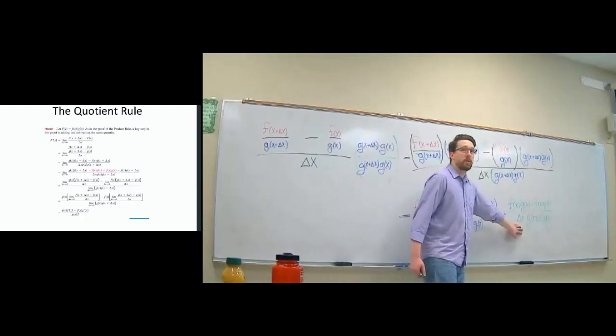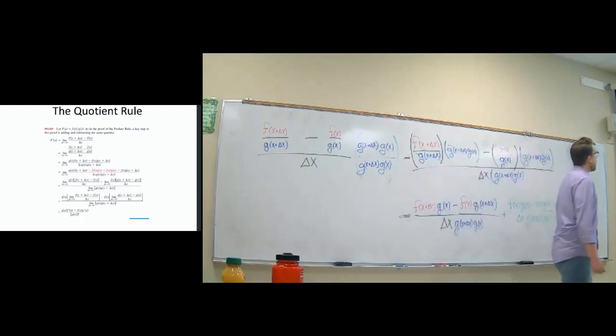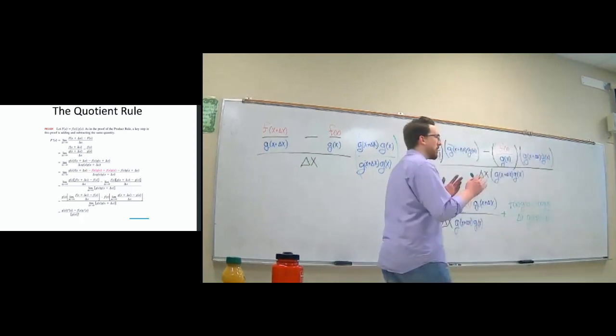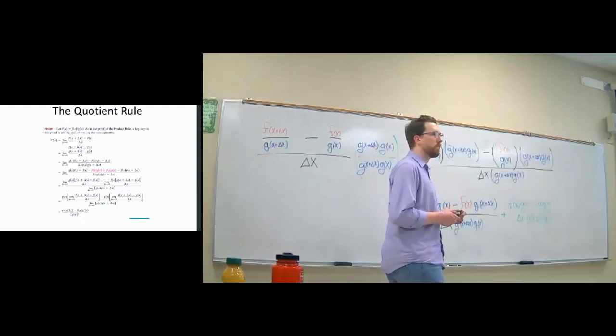From that point, you're just collecting terms. You're saying, all right, part of this looks like a derivative of f. Another part of this looks like the negative of the derivative of g. Taking care of all that, grouping it all together, the rest of the proof follows. Cool.